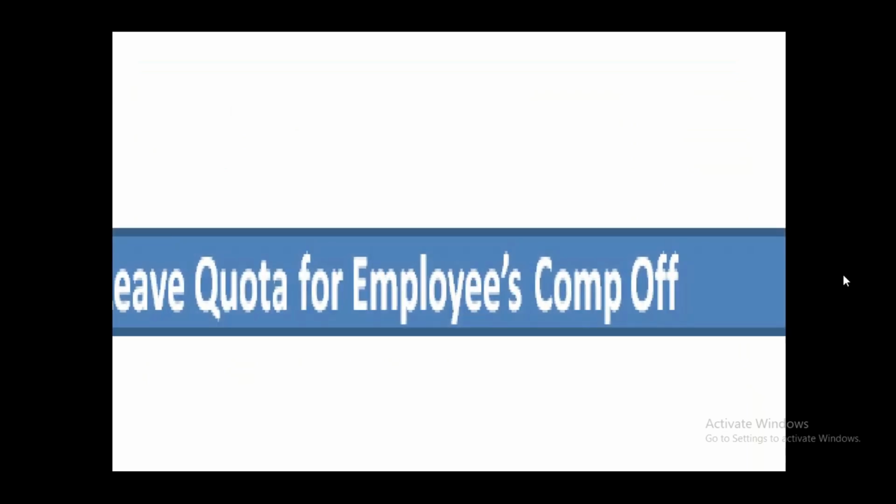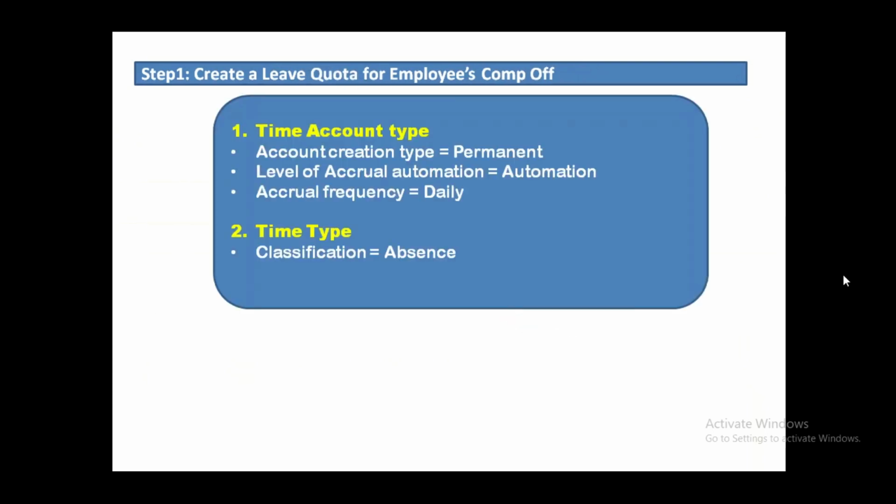So let's go, and as per step 1, we have to create a leave quota for employees' comp off. To do that, we have to configure the time account type, and in that time account type, the account creation type should be permanent.